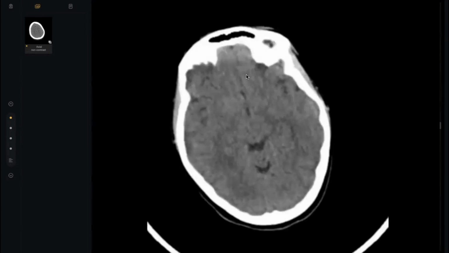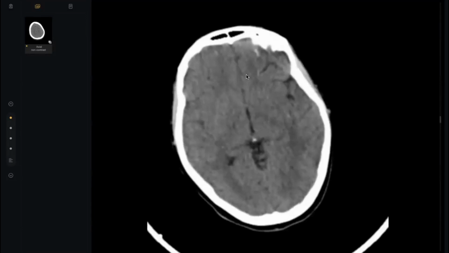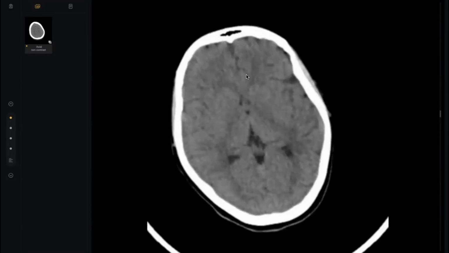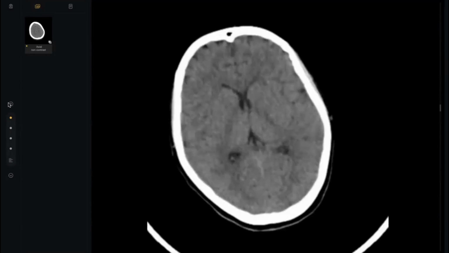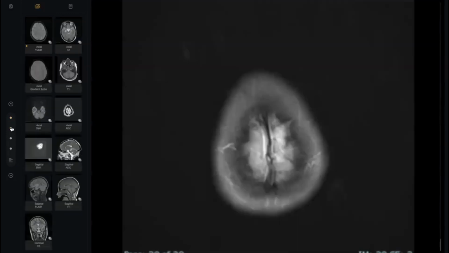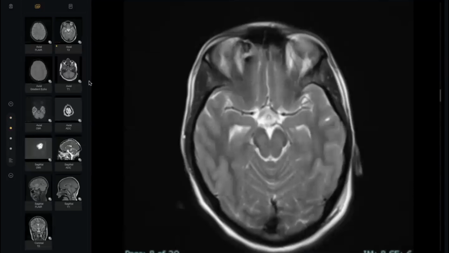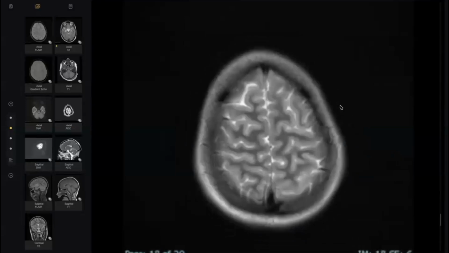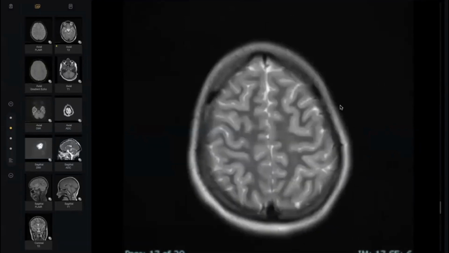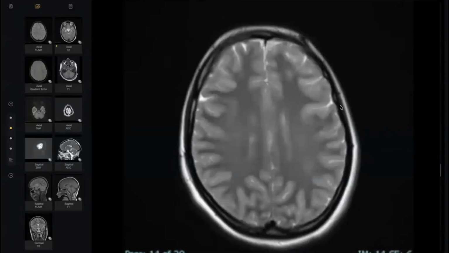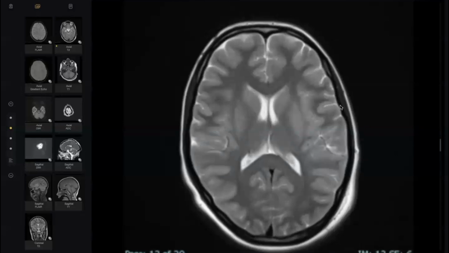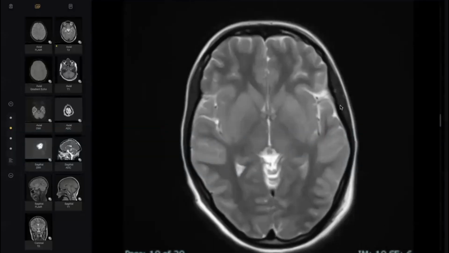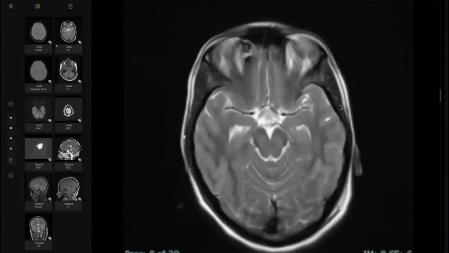No mental retardation. Don't worry about the signs that you mentioned. Look at this examination. Tell me what happened. In this MRI brain T2 axial section, there is no significant abnormality.